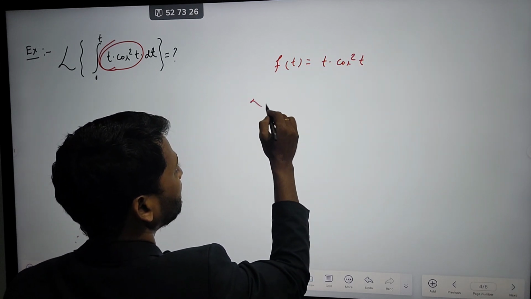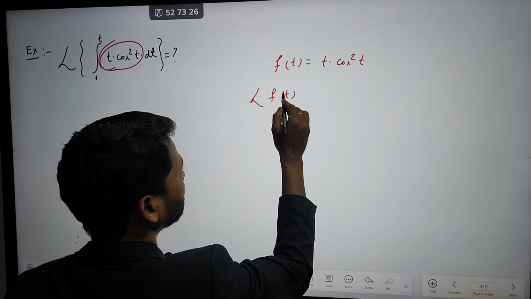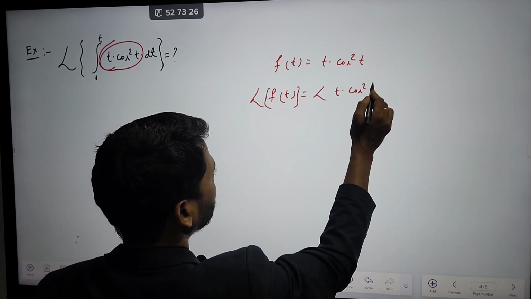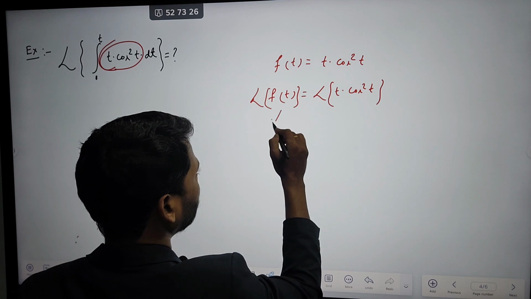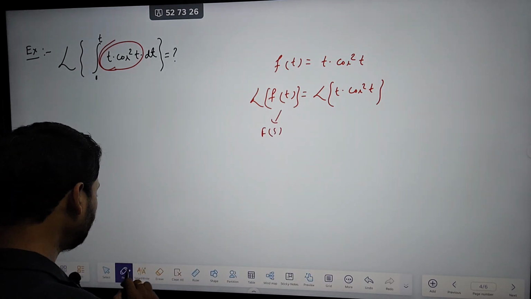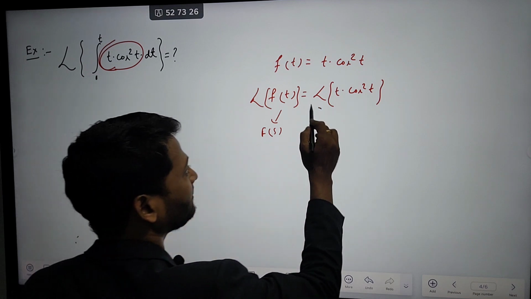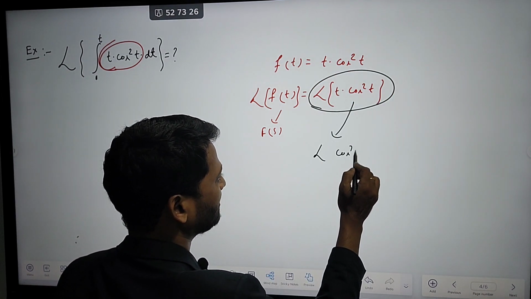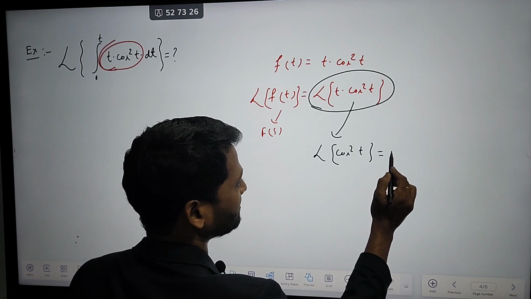Okay? So what is Laplace of f(t)? Laplace of t into cos square t, which is F(s). So we'll find out F(s). To find Laplace of t into cos square t, first we find out Laplace of cos square t. What is Laplace of cos square t?